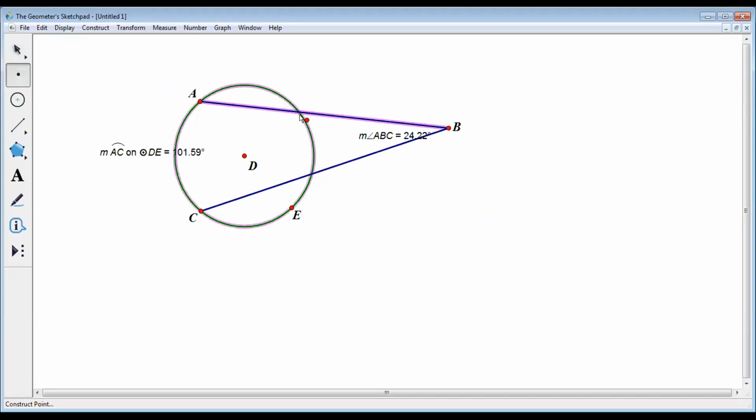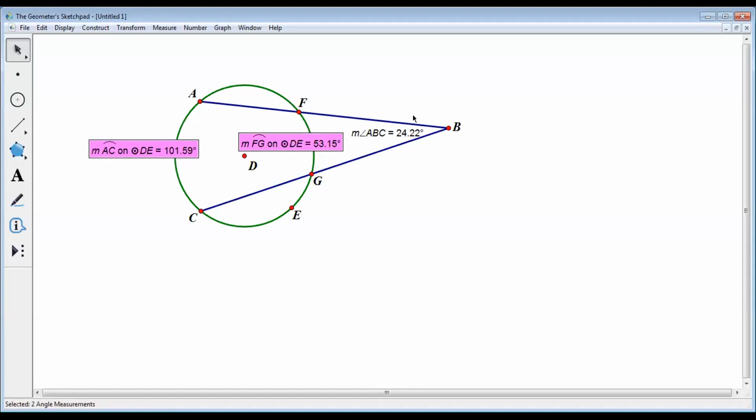I don't know if I got the point of intersection or not. There we go. If you measure this other arc, that's 53.15 degrees. Again, notice anything between the 2 intercepted arcs and this exterior angle?